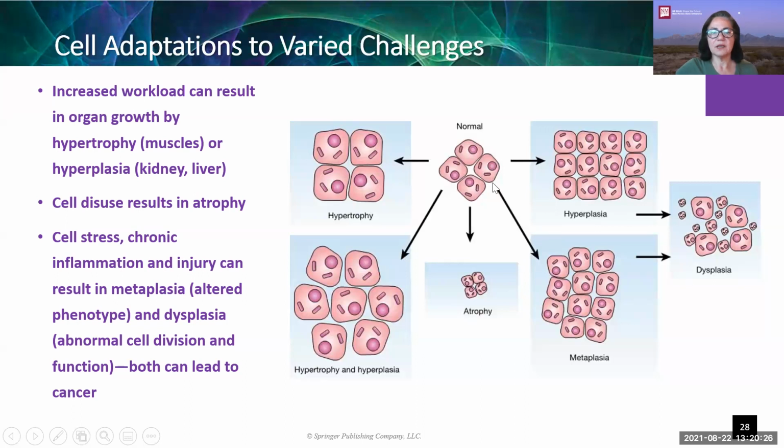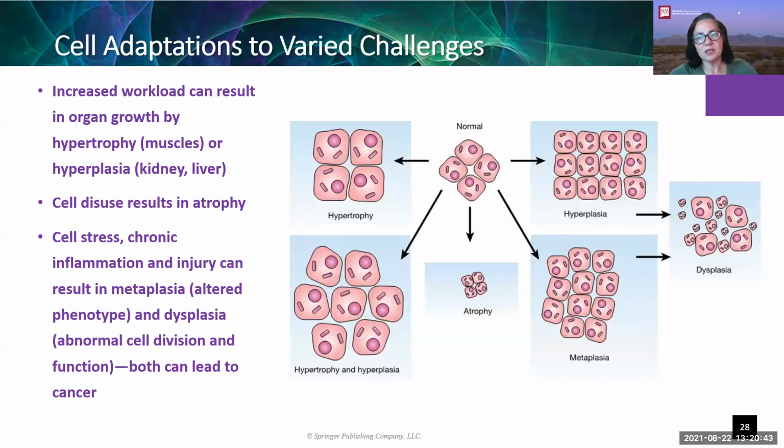There are cases where cells are being exposed to a chronic irritant, and we end up making more and more cells that aren't quite right. We call this metaplasia.